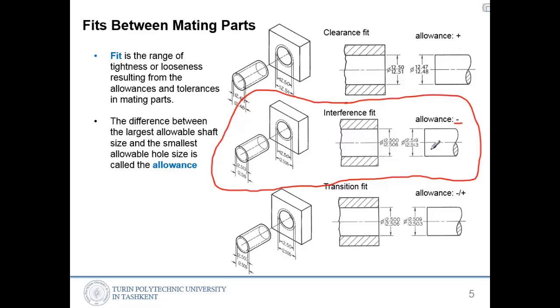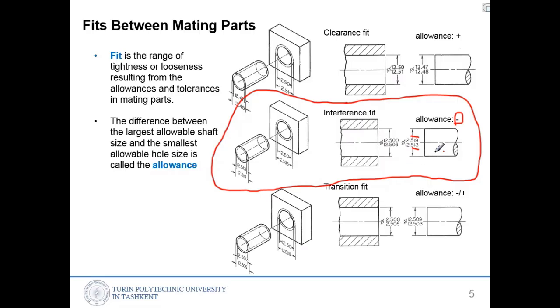The smallest shaft is 12.513 and the biggest is 12.519. Let's choose the smallest shaft, 12.513, and the biggest hole, which is 12.506. But the smallest shaft is still bigger than 12.506.